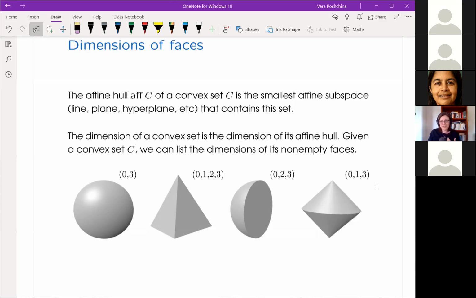Of course, for polytopes, there's nothing interesting about writing down sequences of dimensions or dimensional patterns, because all dimensions are always present. If you have a compact polyhedral set, dimensions go from 0 to the dimension of that set itself.